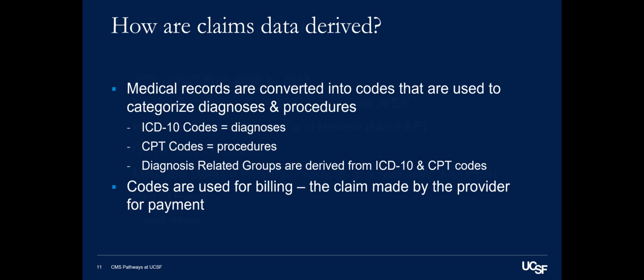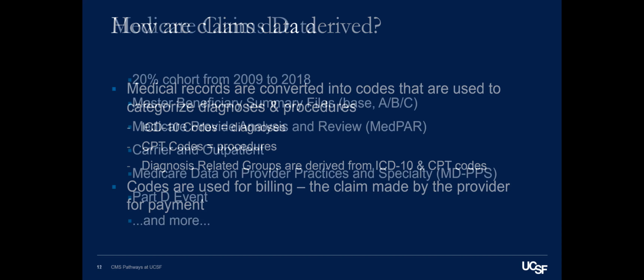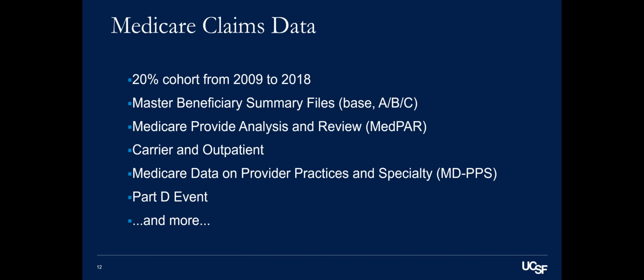The data that we have on site is a 20% cohort of Medicare data from 2009 through 2018. And this includes multiple different files: inpatient data, outpatient data, general information about some of the providers, the pharmacy data, and so on.